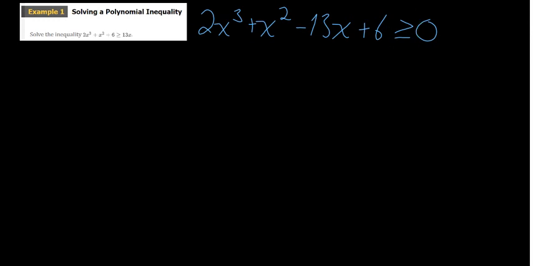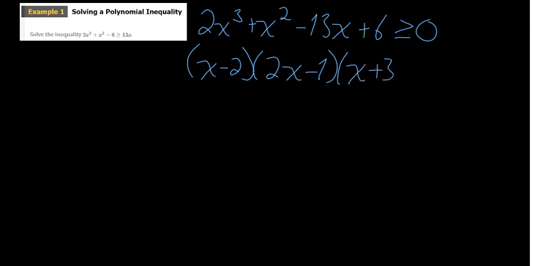So this problem may or may not look familiar to you, but this is example 2 in section 3.4, and this is 3.7. So if you have 3.4 notes, we factored this into x minus 2, 2x minus 1, x plus 3, and that is greater than or equal to 0.